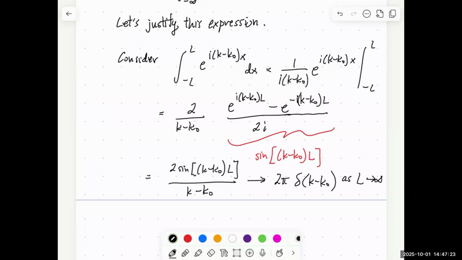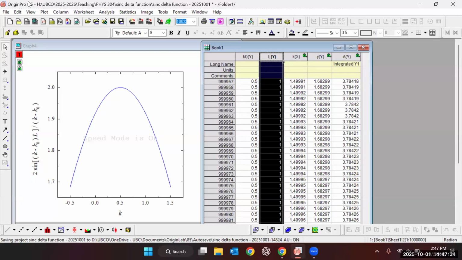And I'm going to show you here. Let's see if this works. Okay, so can I get rid of this thing? Let's move this somewhere else. Okay, so what I've got here is a spreadsheet.